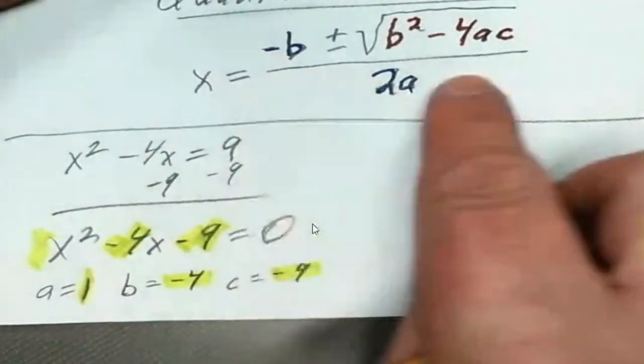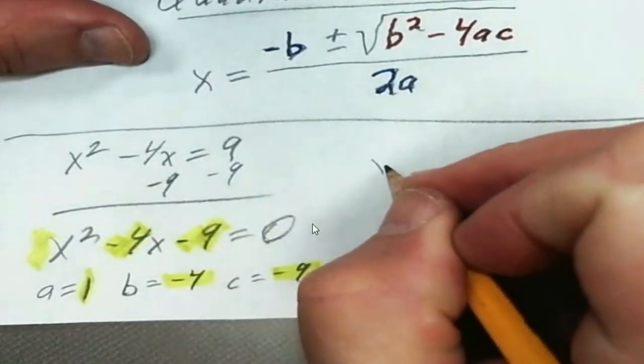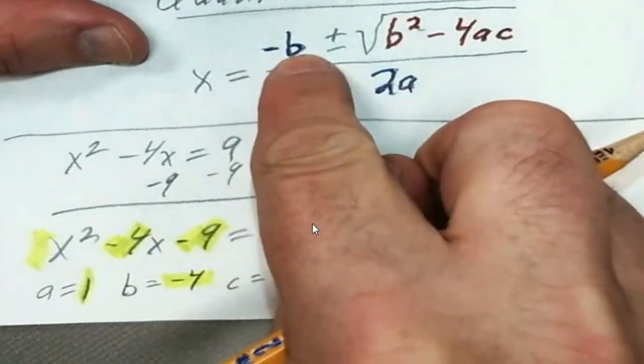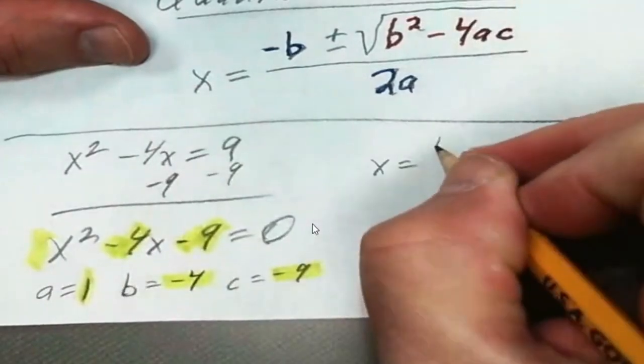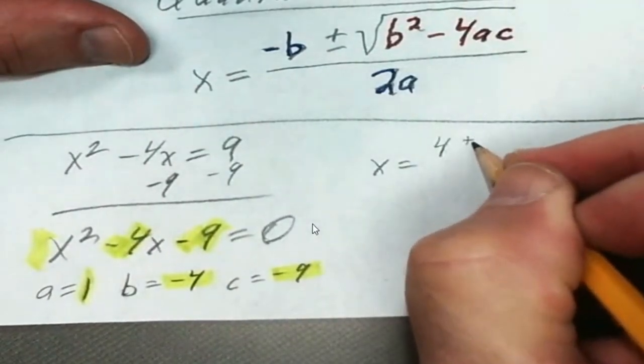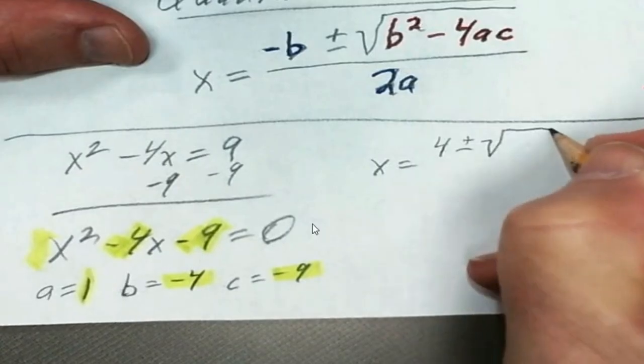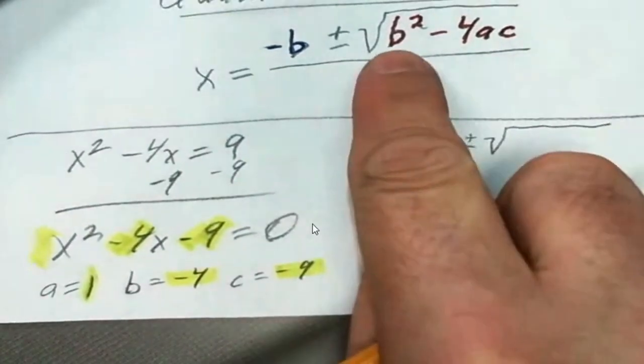So let's use our quadratic formula. X equals negative b. Well, b is negative 4, so negative 4 is a positive 4, plus or minus the square root of b squared.